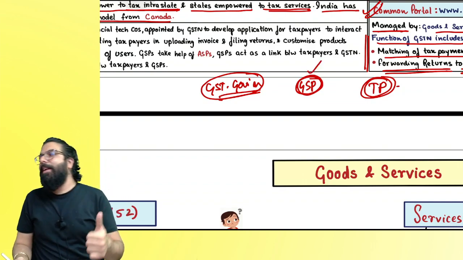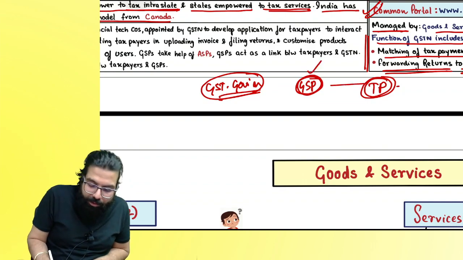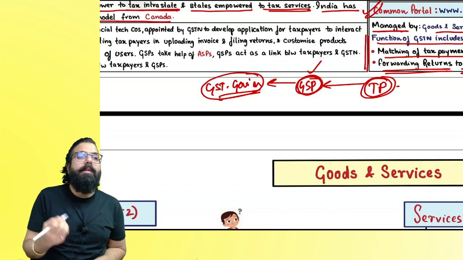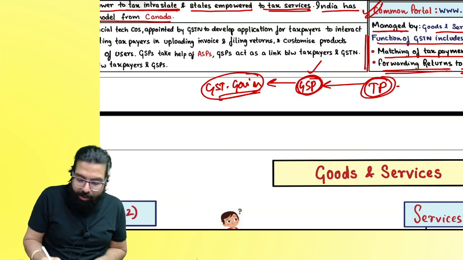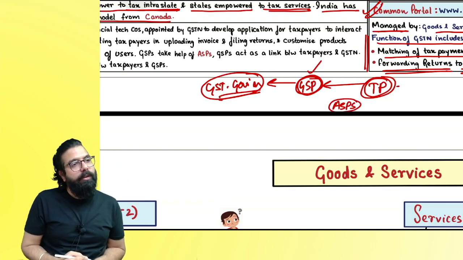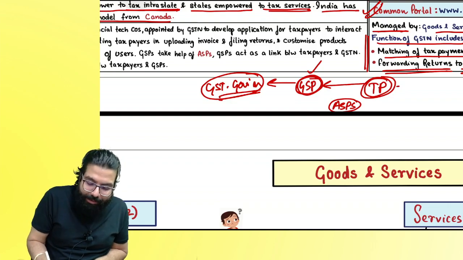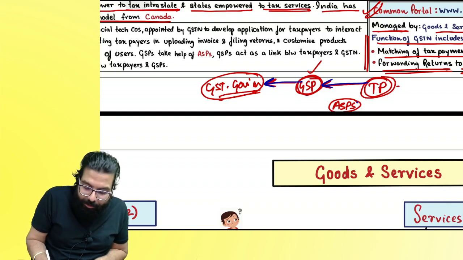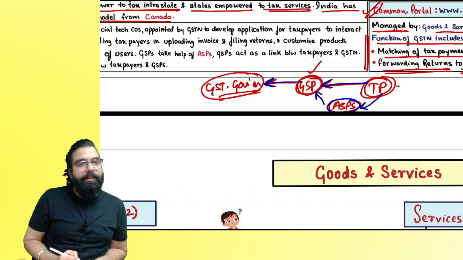GSPs are IT companies which will basically pull the data from here and push to the gst.gov.in. Sometimes if GSPs can't develop the software, they will take the help of application service provider who will develop the software. So basically GSP acts as a link between taxpayer and the gst.gov.in, that is the GSTN, and ASPs work as a link between the taxpayer and the GSPs.